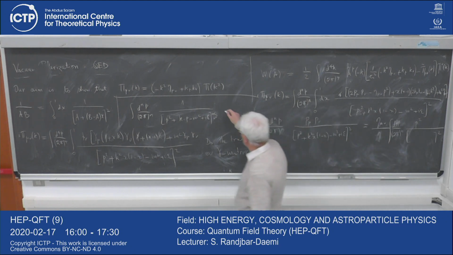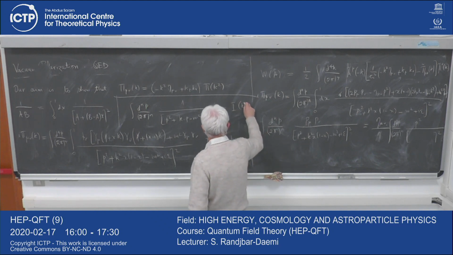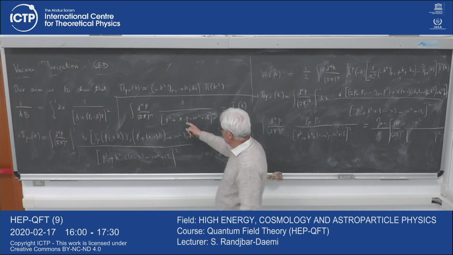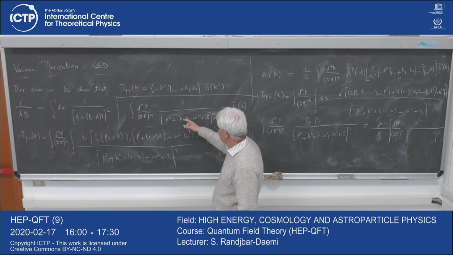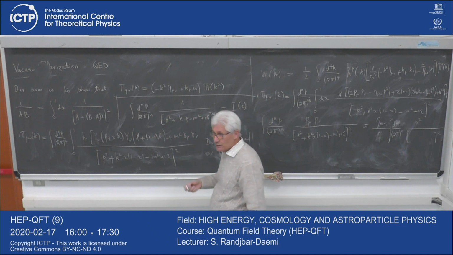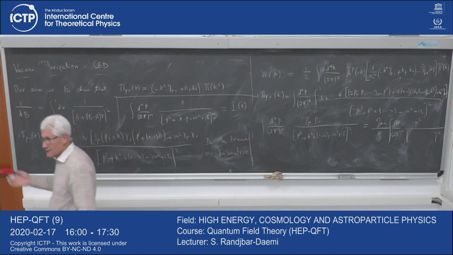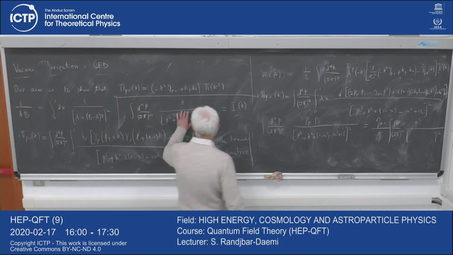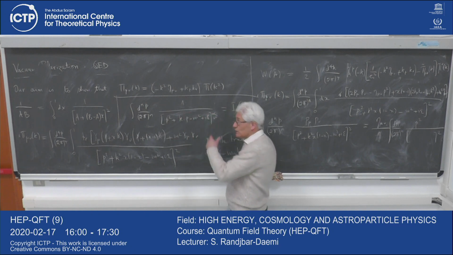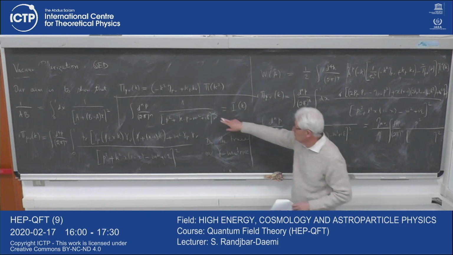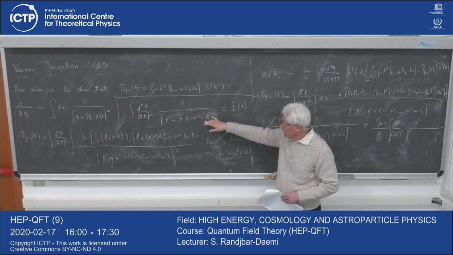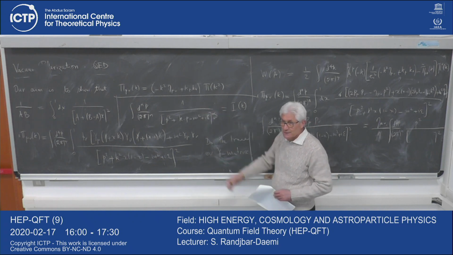So this will obviously be a function of k. After we have done that, by differentiating with respect to k successively, you will bring powers of p mu into the numerator. So differentiate with respect to k mu1, k mu2, etc. It will bring p to the numerator. So it's sufficient to calculate this integral. Then from this, you can obtain all the integrals like this, with any power alpha in the denominator and any product of p's in the numerator. Okay?